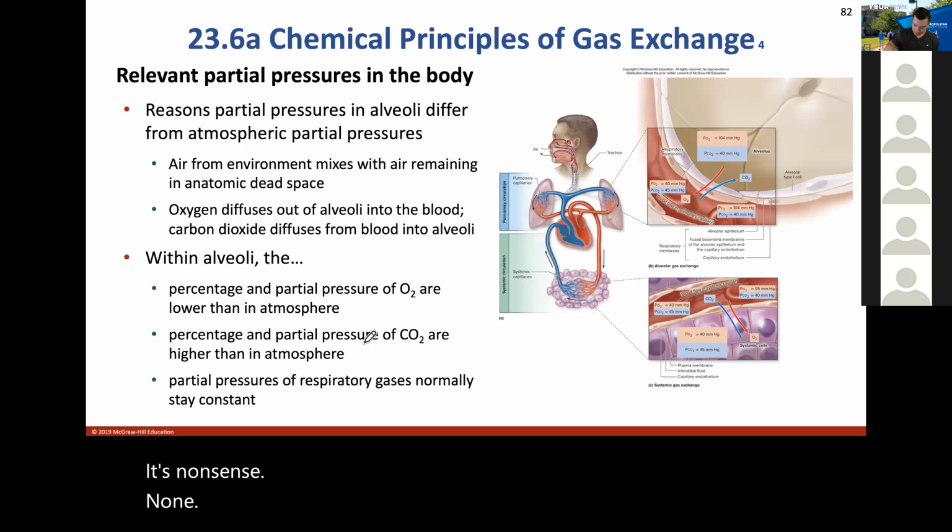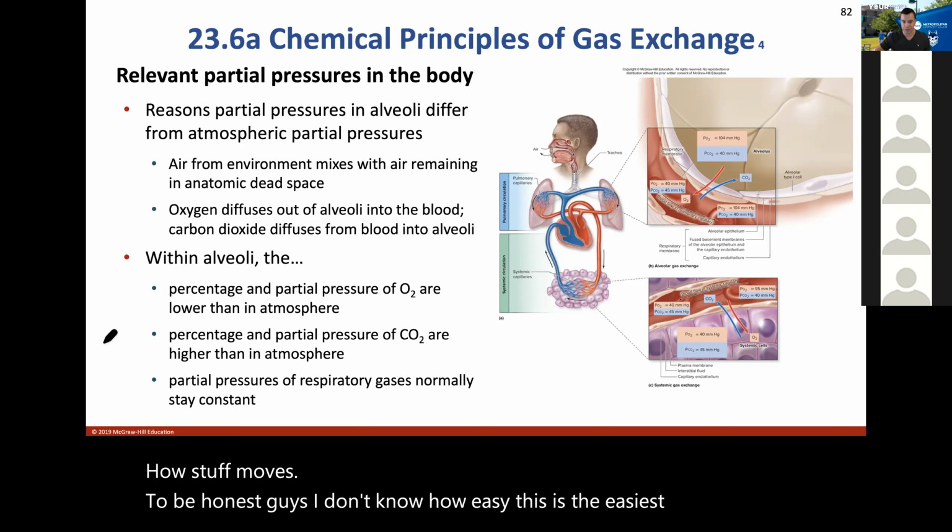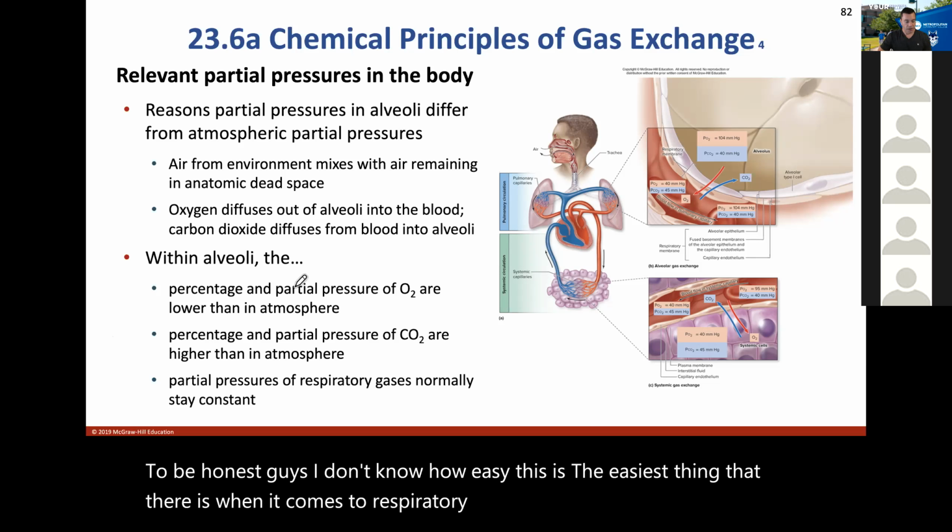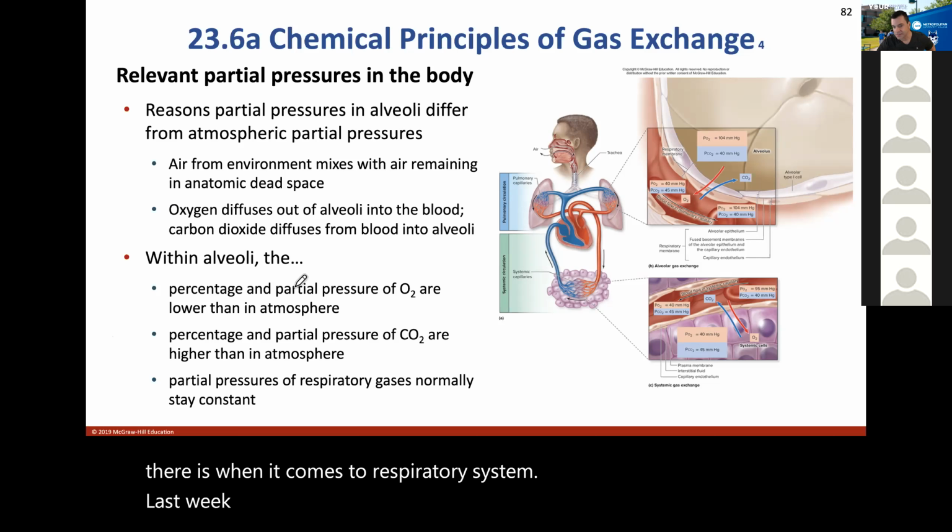All right. So let's get into how stuff moves. To be honest, guys, I don't know how easy this is. This is the easiest thing that there is when it comes to the respiratory system. Last week, yes, that is not as intuitive.